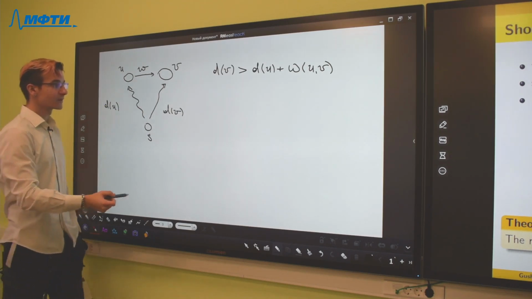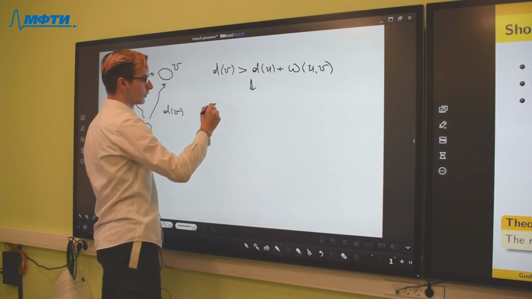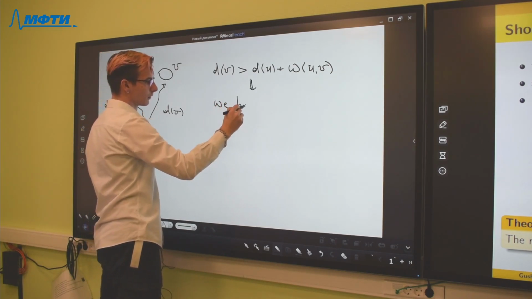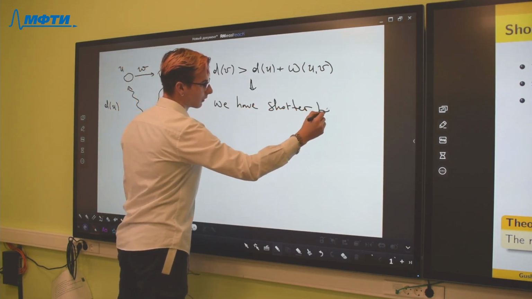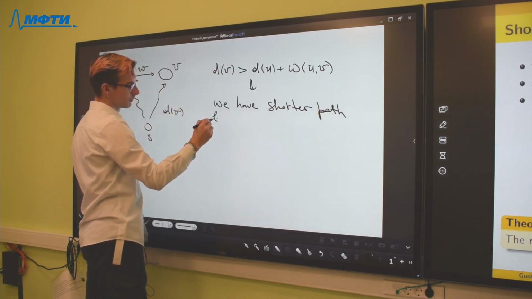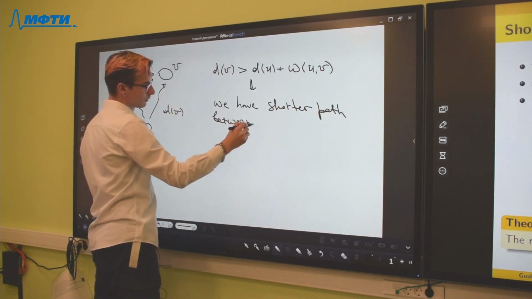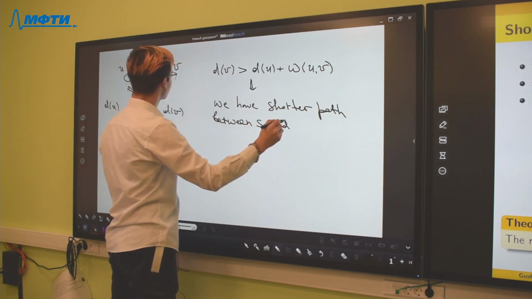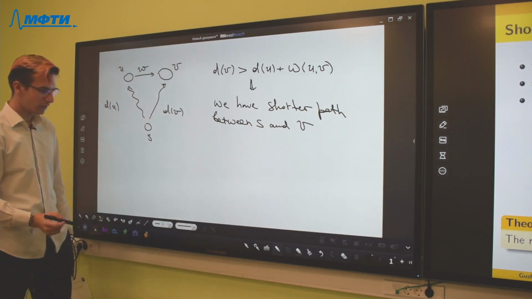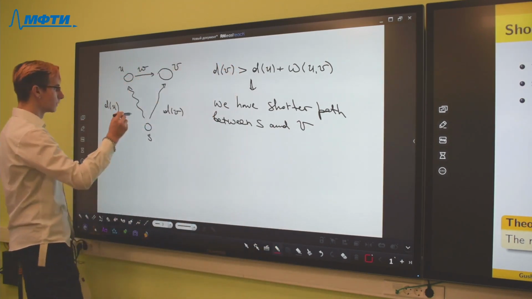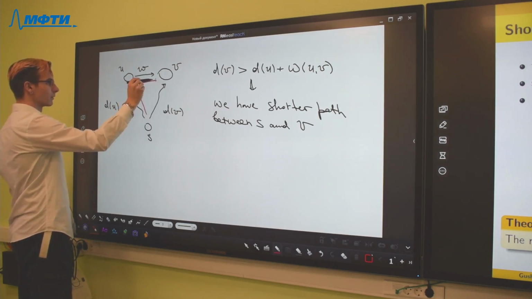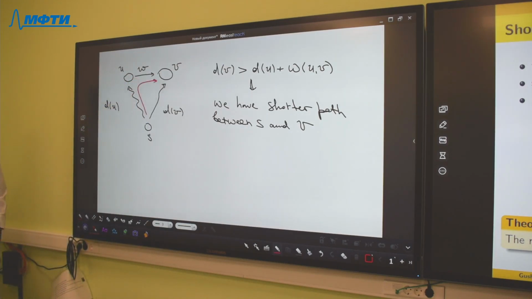So we can say that we have a shorter path between S and V. I use coloring here. We can go to V using paths from S to U. Okay.